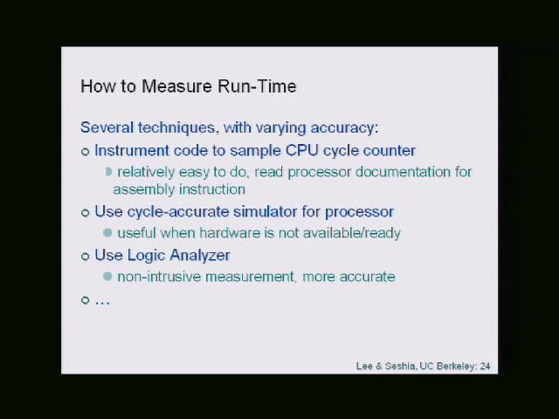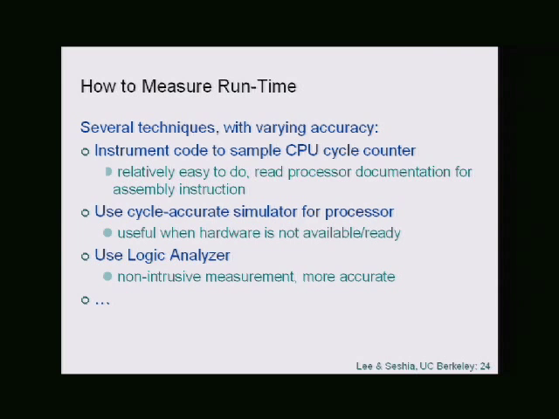Sometimes you don't have the processor ready. So you're still developing the code and you're evaluating a bunch of different backend processors that you could use. At this point, if you don't have the hardware, the next best thing is to use a simulator for the hardware. The thing to remember is if you're interested in timing, you must use a cycle accurate simulator, which gives you the right CPU cycle count. But sometimes neither of these is good enough, and what people use are logic analyzers.